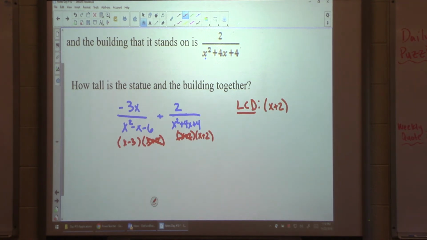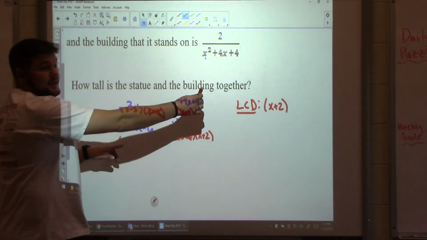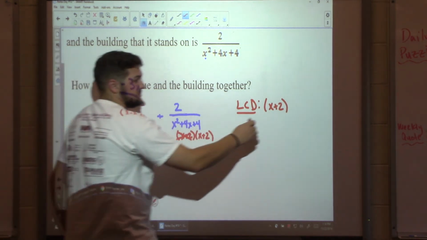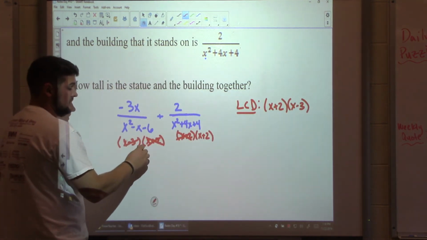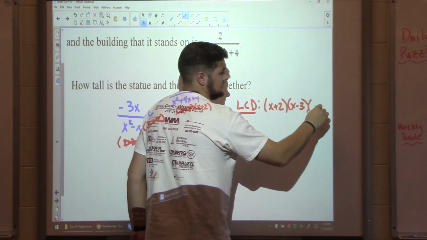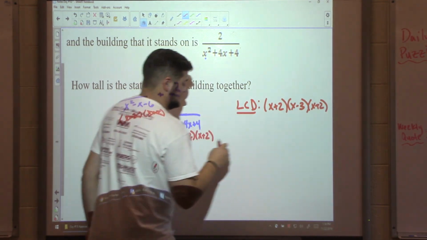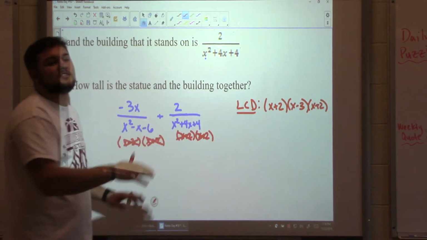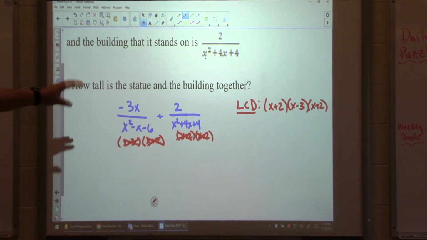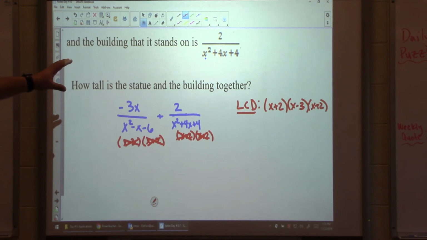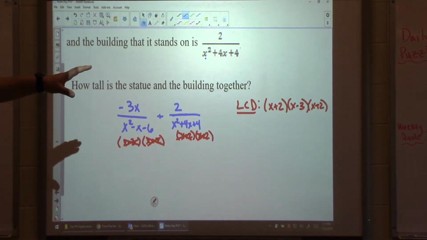No. So I'm going to take everything else that I've left over that I've not used yet and multiply it into my least common denominator. So x minus 3, now I've used that one, and x plus 2. Like I said, it doesn't mean they're going away. I'm just using them to make my least common denominator. Does that make sense how we found that part? We took what they shared and multiplied by everything else that was left.